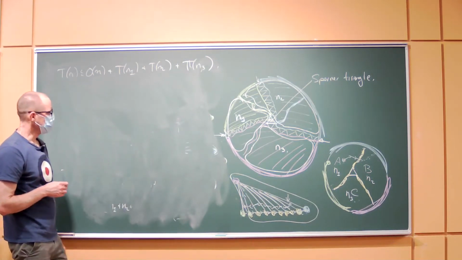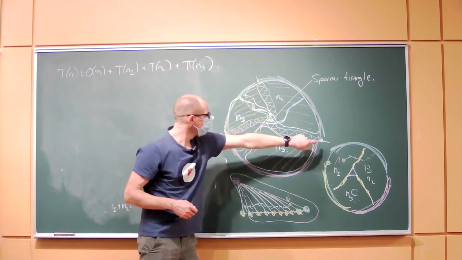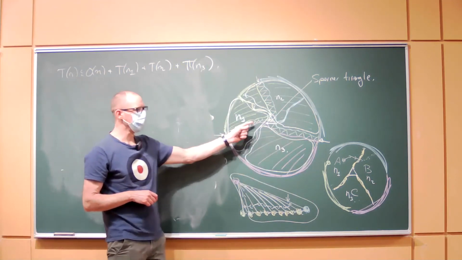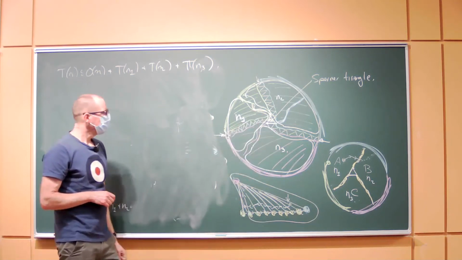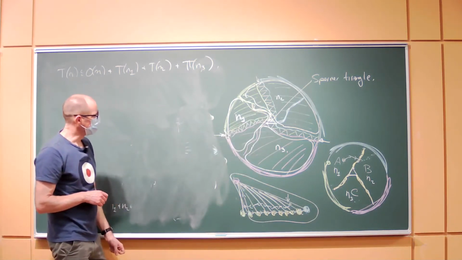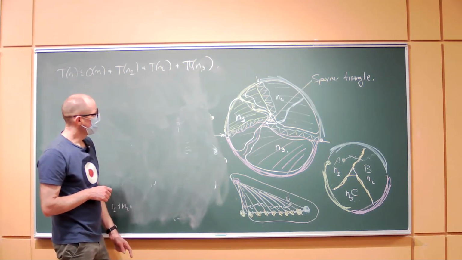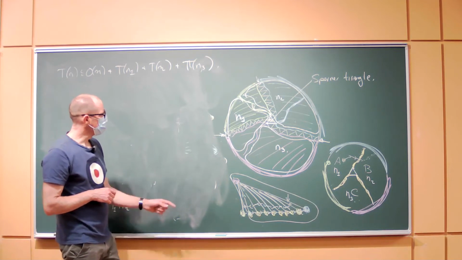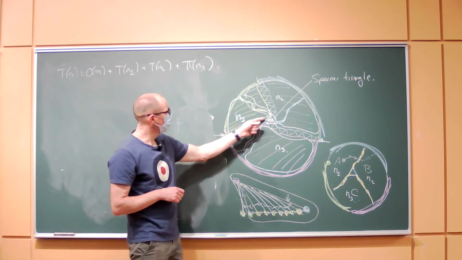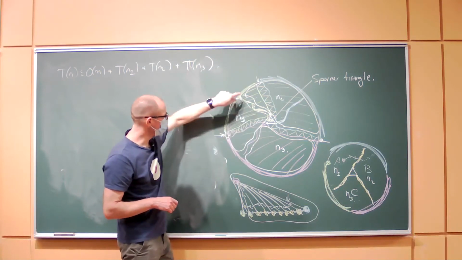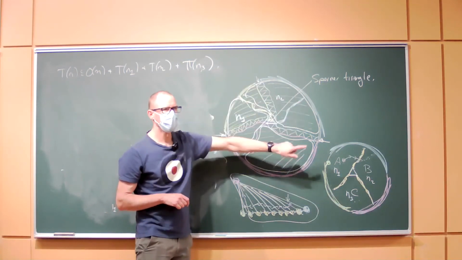Now, if I search in all three tunnels at the same time, I'll find it in time proportional to the length of the smallest of those. And actually, if I look at those tunnels, what you'll see is that each one of them is contained in one of these A, B, or C regions.